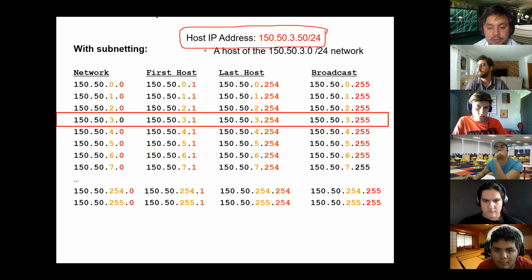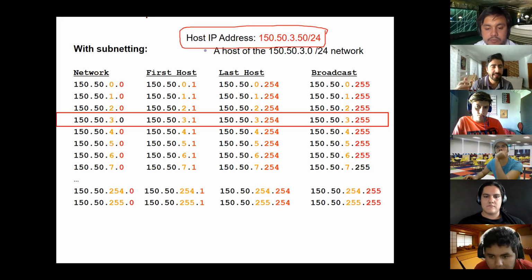True. So here now, this is the same thing that we used earlier, continuing with that ISP example. Now you have this prefix of 24. It means that even this part is part of the network now.